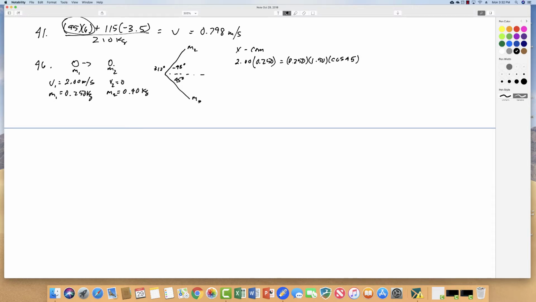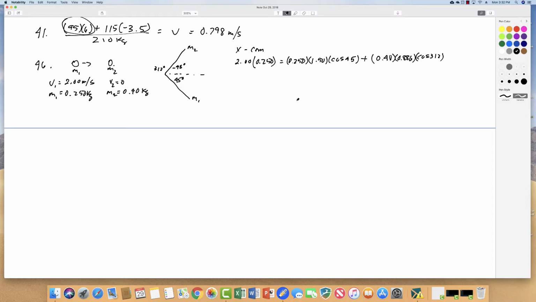That's the x component of this momentum, plus 0.40, excuse me, times its velocity, which is given in the example problem as 0.886, times the cosine. Now you can either put minus 48 or 312.